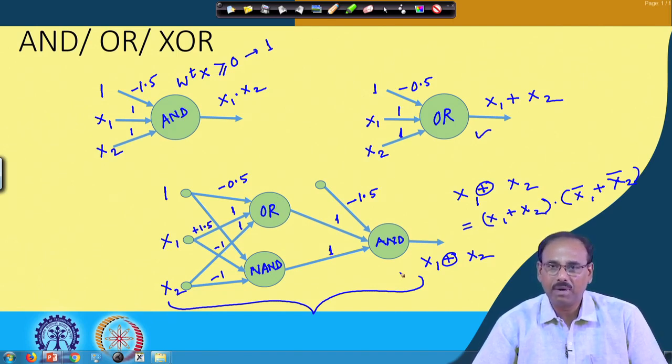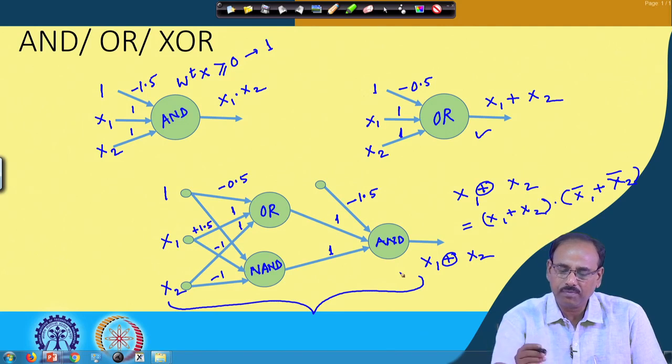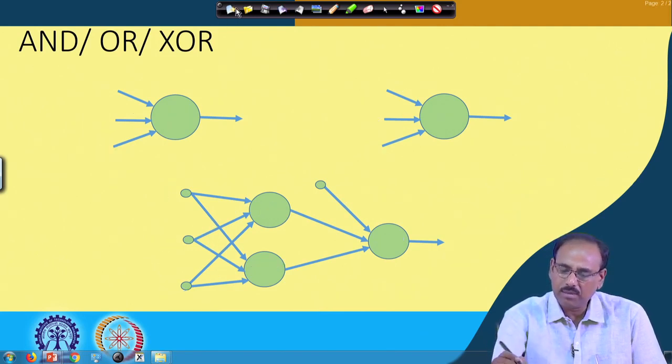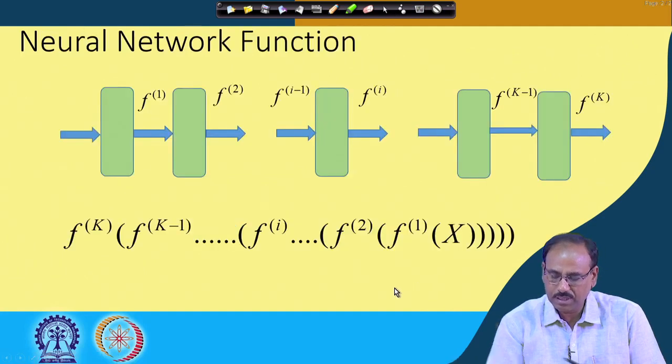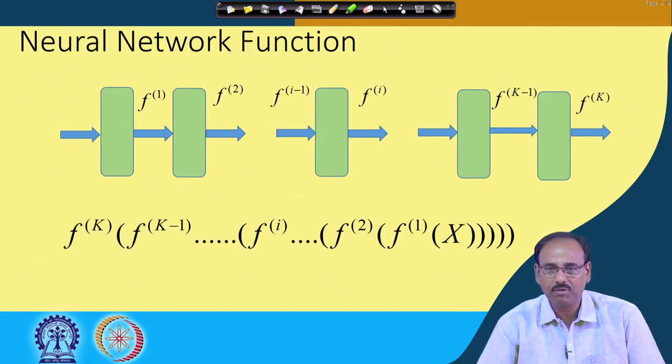I need a multi-layer neural network for implementing a nonlinear problem. So, for a nonlinear problem, as we also have seen in the previous class, I have layers of neural networks.